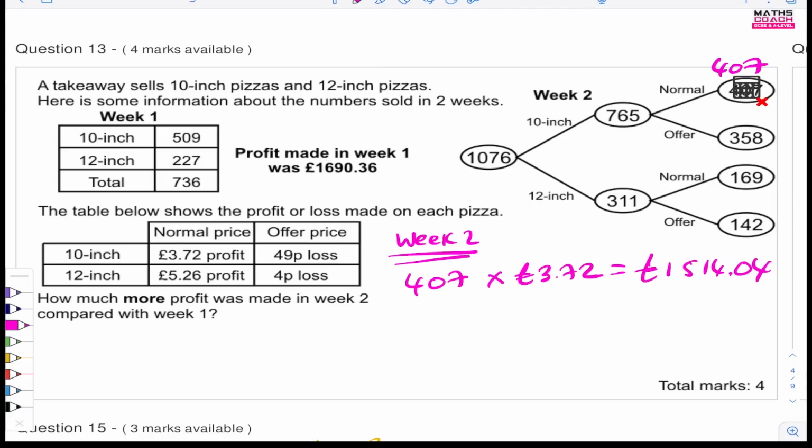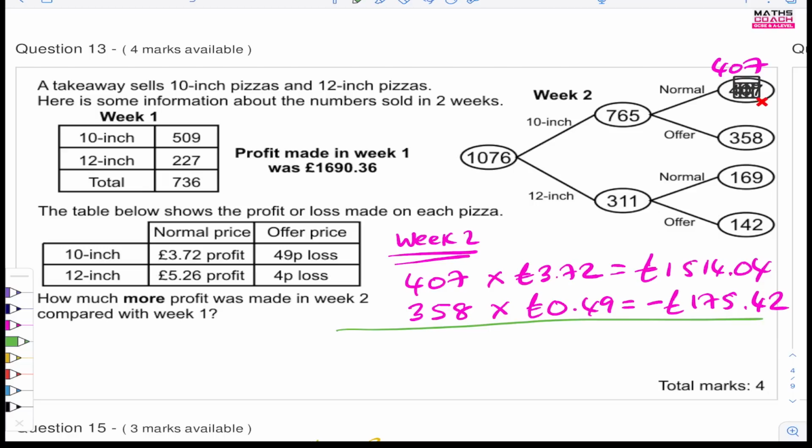And on offer, I had 358 times losses of 49p. Now that 49p, because I'm working in pounds, I'm going to do 0.49. I'm going to do a negative as well to show that it's a loss. So 358 times 0.49, and that is a loss of 175.42. So that's all the 10-inch pizzas.